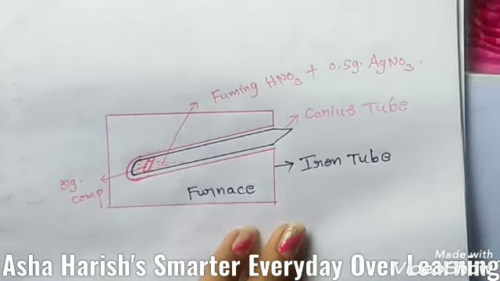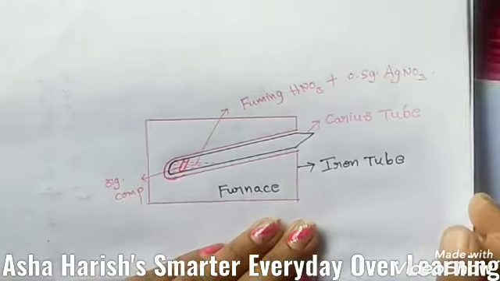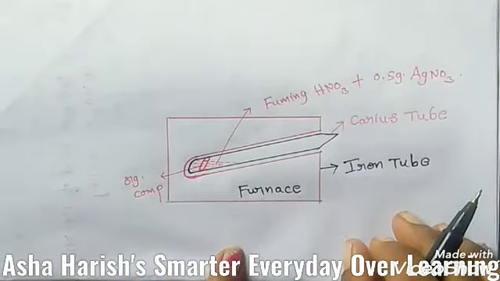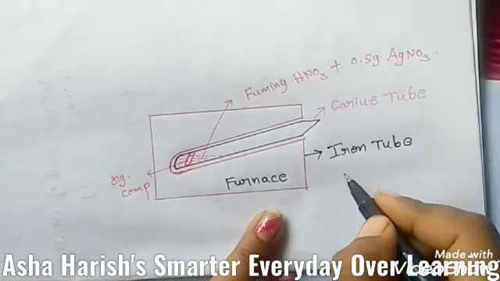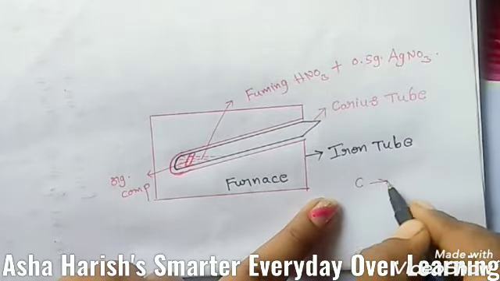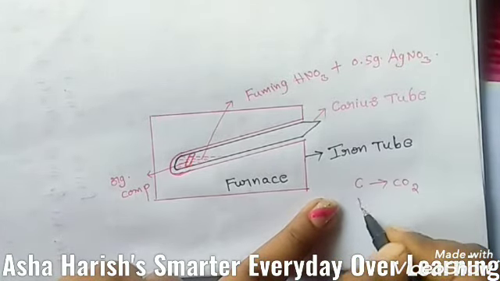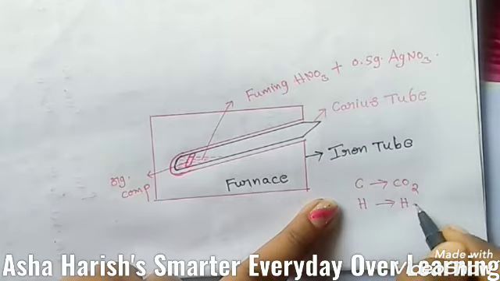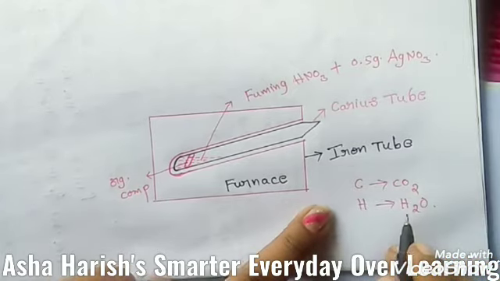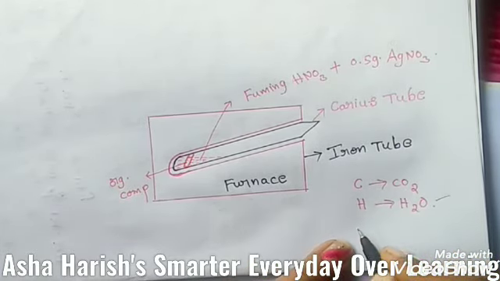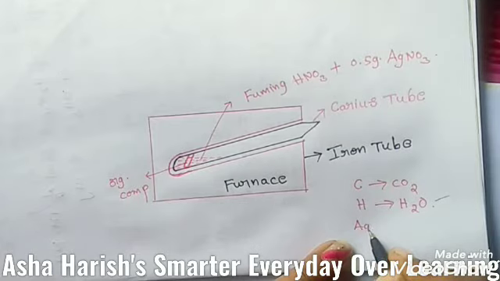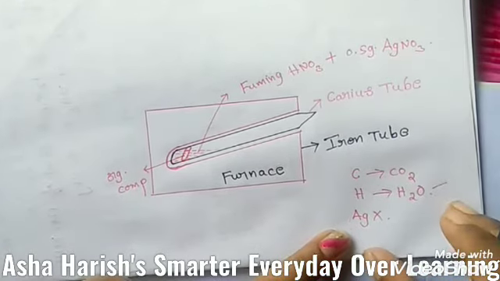Under specific conditions, carbon is oxidized to CO2 and hydrogen to H2O, and the halogen is converted into silver halide, AgX.